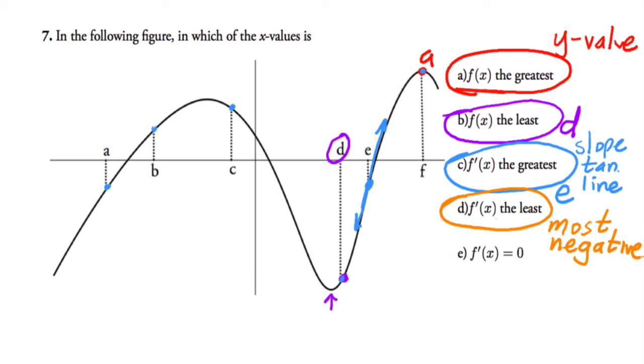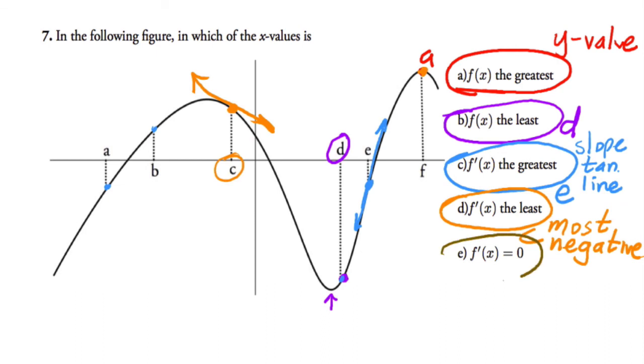So right here it's 0 because the slope of the tangent line is 0. But it's less, for example, right here at C, because at C it's actually downward sloping, so it's going to be negative. And this is actually the only point where it's negative. So out of these choices, C is going to be the spot where f prime of x is the least.